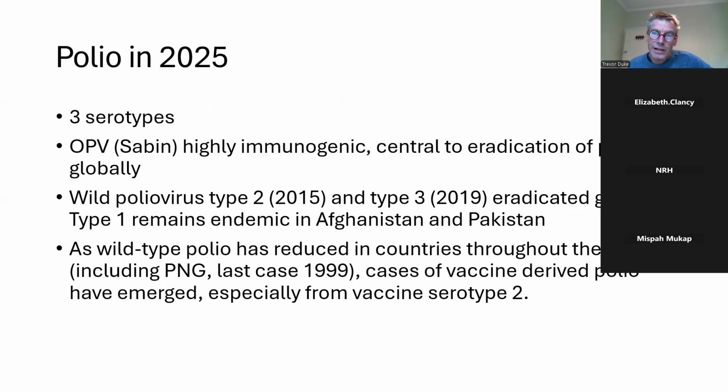Now, type 1 wild type polio still remains endemic in a couple of countries, Afghanistan and Pakistan, for reasons that are sort of understandable, major disruptions to vaccine programs and the conflicts that have been occurring in those countries in the last decades.